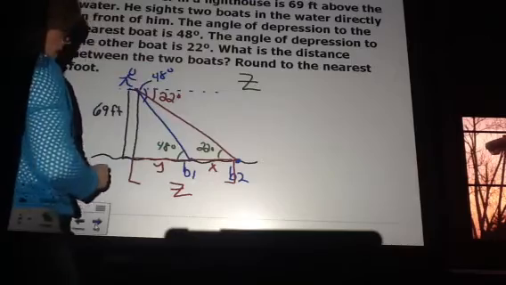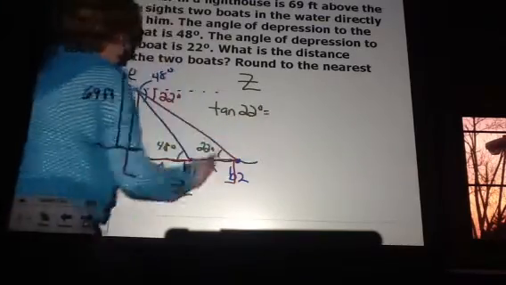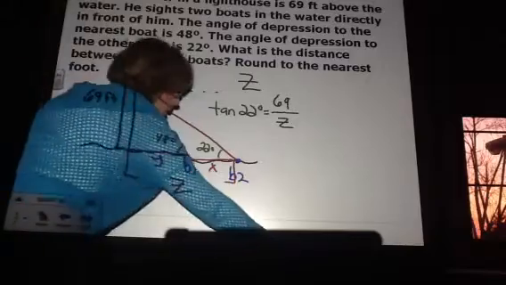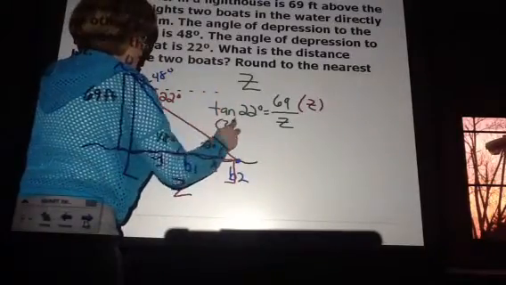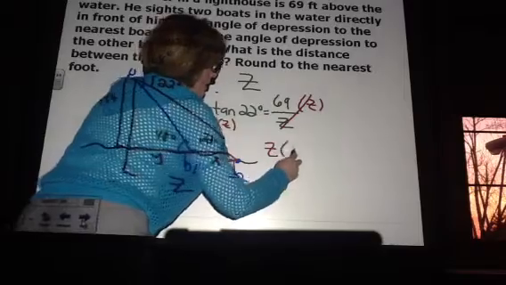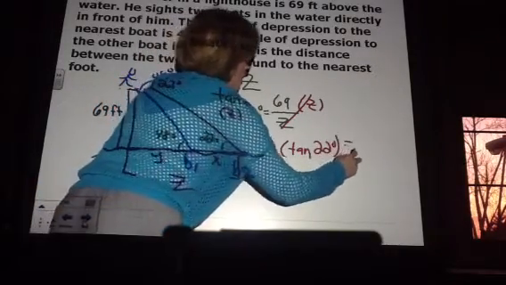So to find Z, we can take the tangent of 22 degrees and put it over 69, and then Z. All right, we need to cancel out your variable as the denominator, so we multiply both sides by Z. So what you have here is Z times the tangent of 22 degrees equals 69.